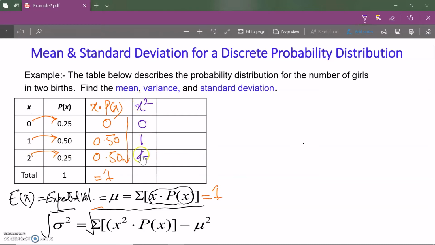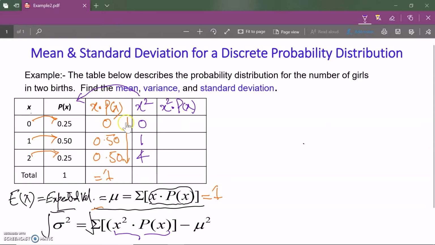I don't need to add these because the formula doesn't say that. What I need next is x squared times p of x. So I multiply x squared with the probability of x.